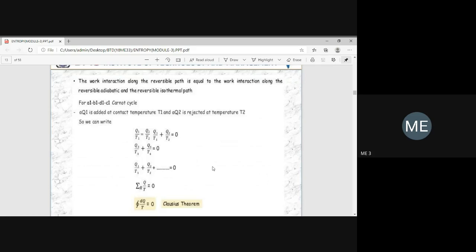Q3 by T3 plus Q4 by T4 equals 0 for the second cycle. Q5 by T5 plus Q6 by T6 equals 0 for the third cycle. Like that, we can take n number of cycles. So we can write it as summation of Q by T equals 0.